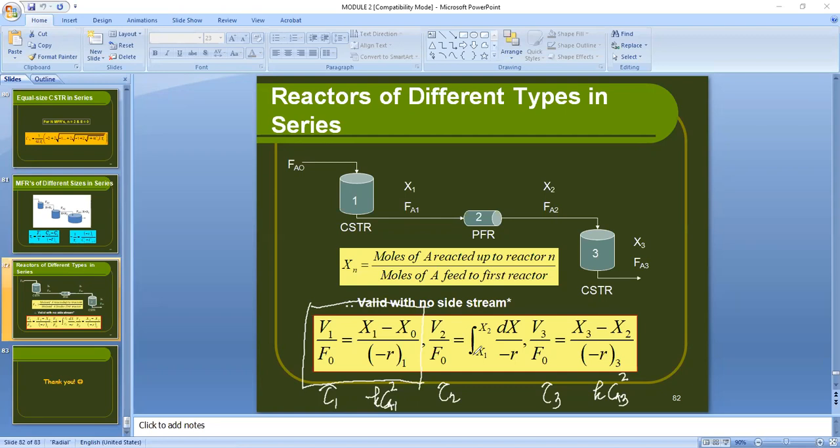So that's why space-time is used. So that you won't have any problem memorizing formulas, memorize them in terms of space-time, because you have a common denominator for these three: the batch, the CSTR, and the PFR.